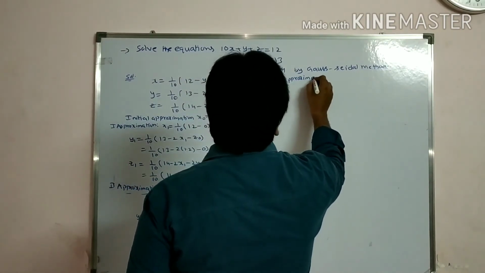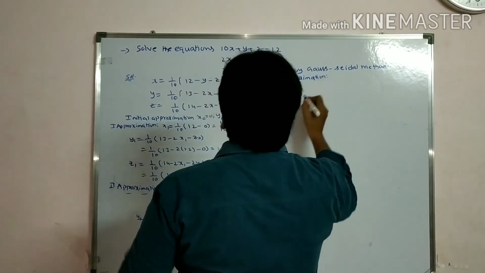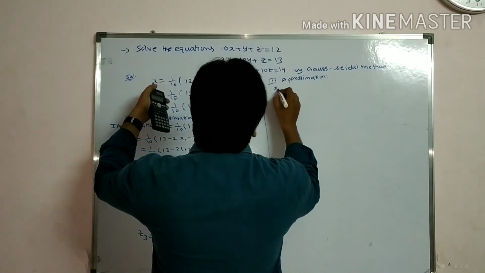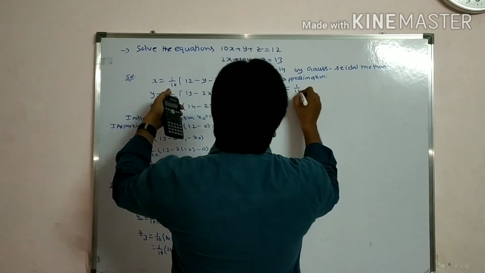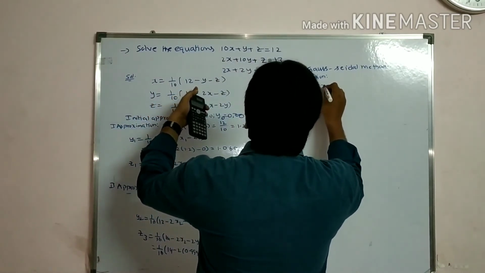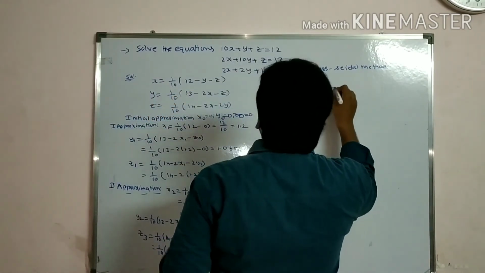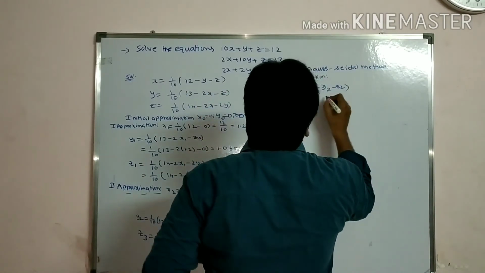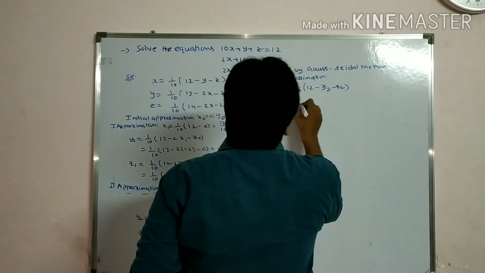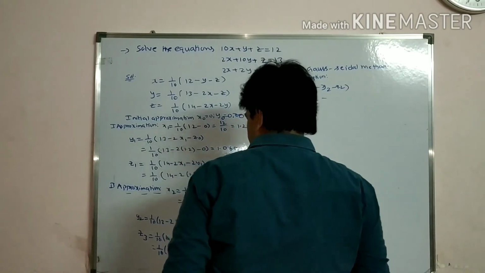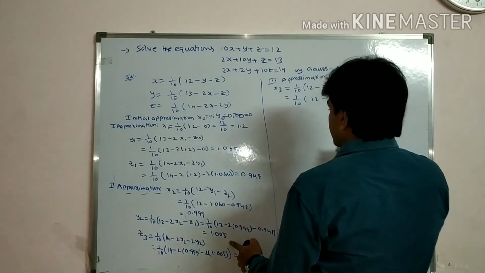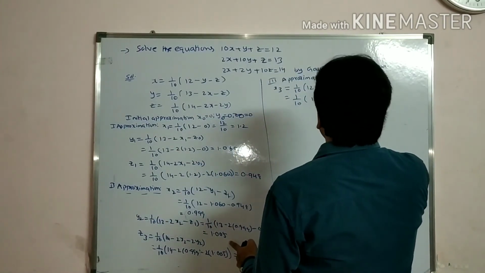So what is the third approximation students here? x3 is equal to 1 by 10, 12 minus y2 minus z2. So that is equal to 1 by 10, 12 minus y2 value, students. Y2 value is 1.005 minus z2.